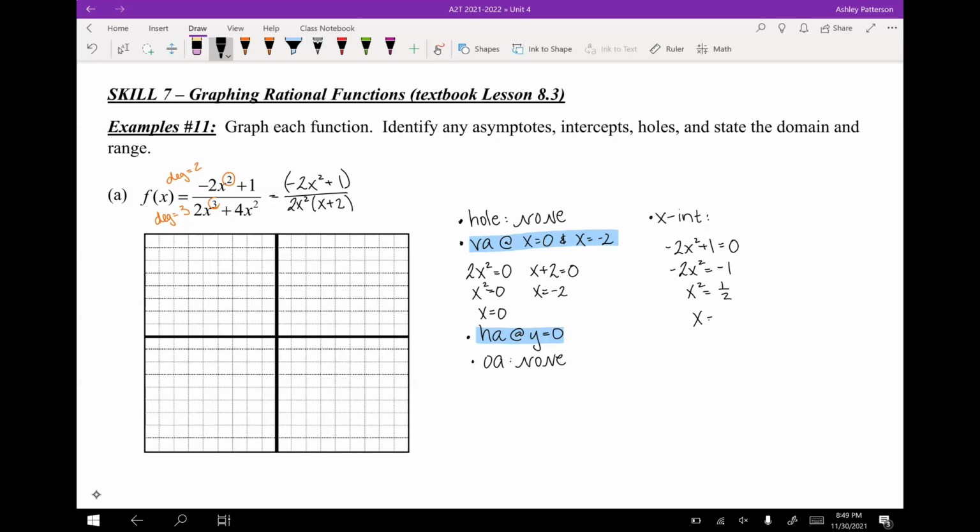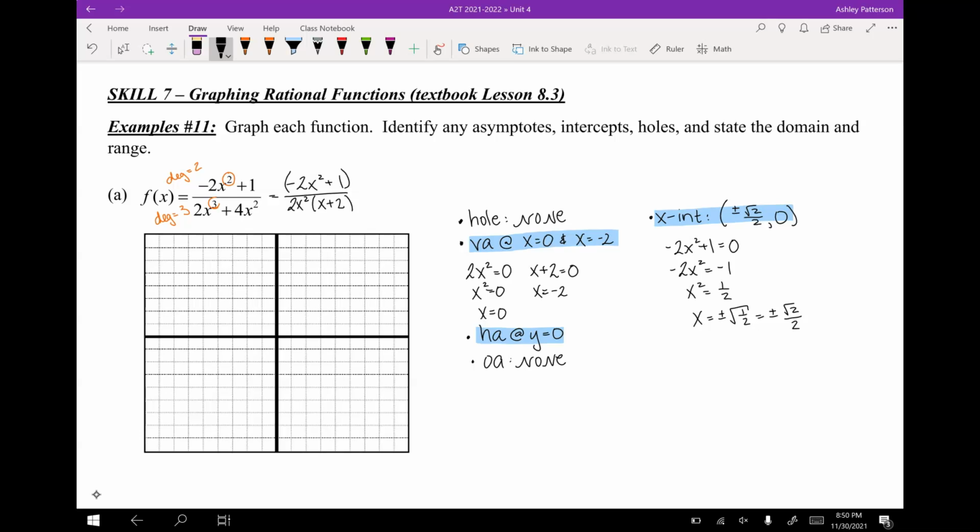So x is going to be plus and minus the square root of 1 over 2, which is plus and minus the square root of 2 over 2 if I rationalize. All right, so writing that in coordinate form, because we must always, I'm going to have plus and minus radical 2 over 2, comma 0. We will have to graph this, so on Friday, we'll put it into a decimal approximation. But for now, this is good.